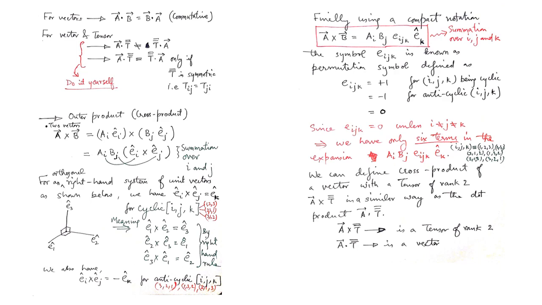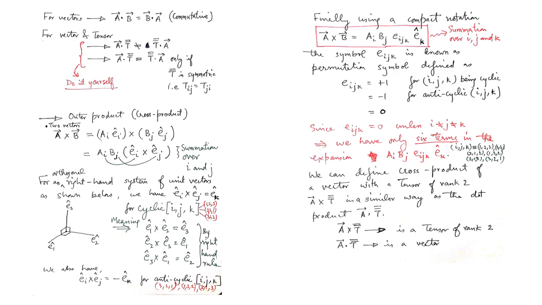Now we move on to the outer product, which in common language we call the cross product. I will go through this quickly, since you already know ideas related to the cross product. If you have two vectors A cross B, we write them as Ai ei cap, Bj ej cap, with the cross product in between.